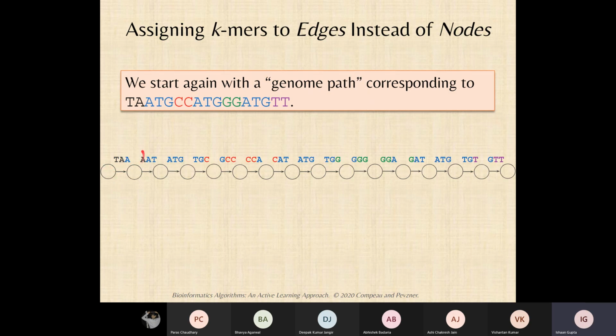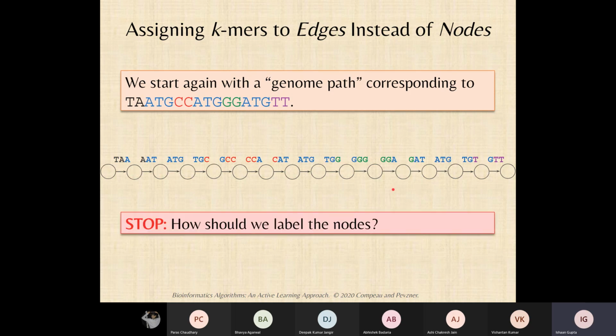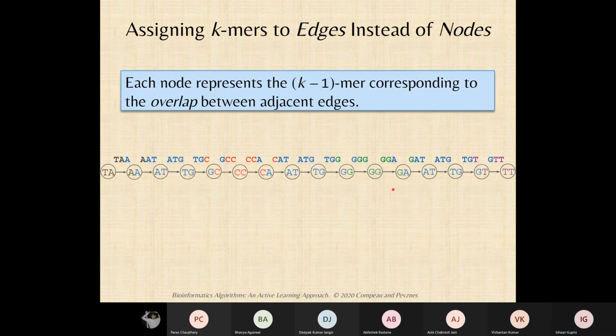Earlier we had TAA as the first node, but here TAA becomes the first edge. Correspondingly, the nodes become the k minus 1 prefix and suffix shared between two edges. In this case, the first node would be TA and the second node would be AA. Similarly, you will be filling in all the other nodes.